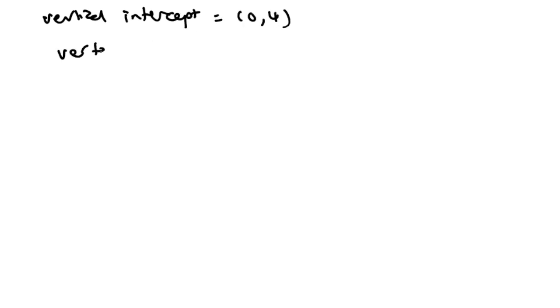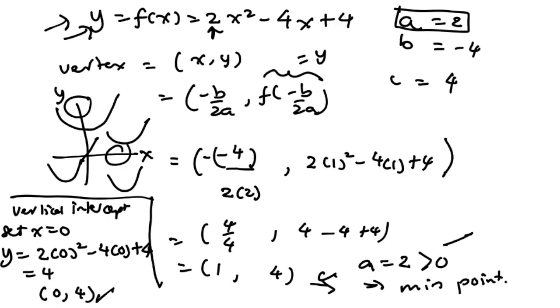Vertex is the minimum point. At what point just now? It is (1, 4). Sorry, that's (1, 1).